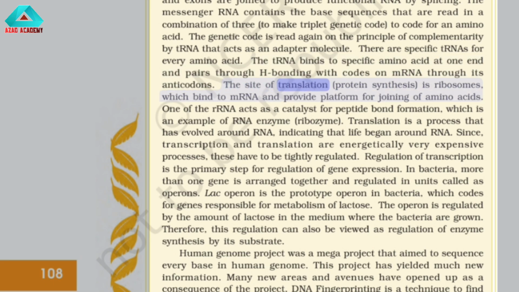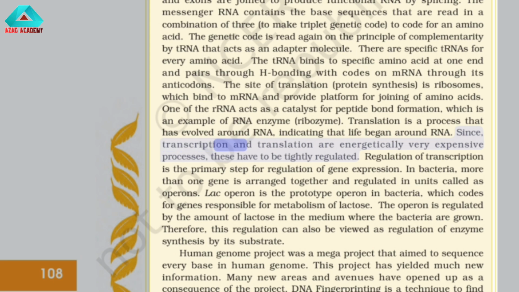The site of translation, protein synthesis, is the ribosome, which binds to mRNA and provides a platform for joining of amino acids. One of the rRNAs acts as a catalyst for peptide bond formation, which is an example of an RNA enzyme, ribozyme. Translation is a process that has evolved around RNA, indicating that life began around RNA.